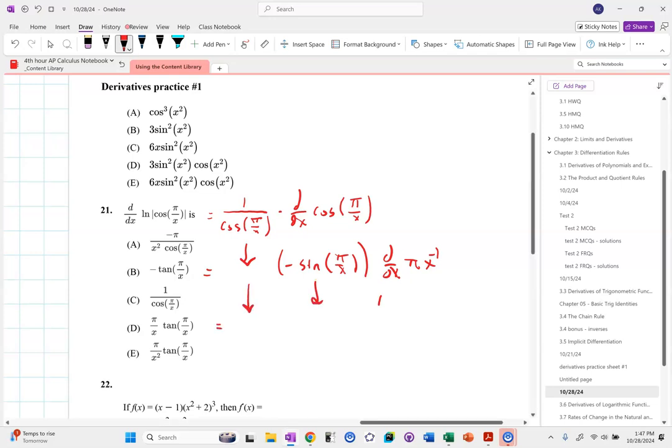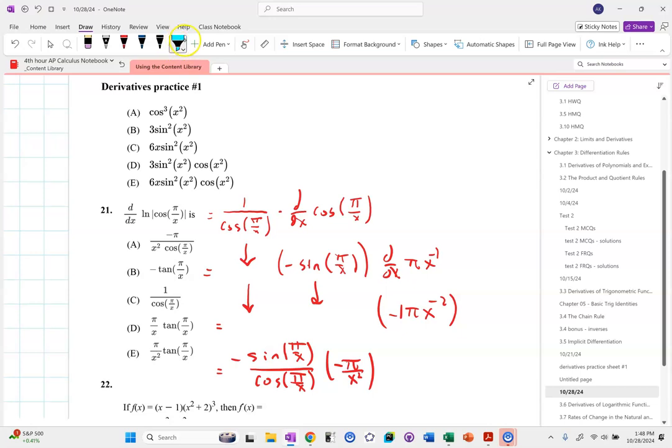We have negative 1 pi x to the negative 2. So what do we have here? We have negative sine of pi over x, over cosine of pi over x, times negative pi over x squared. Is that okay?